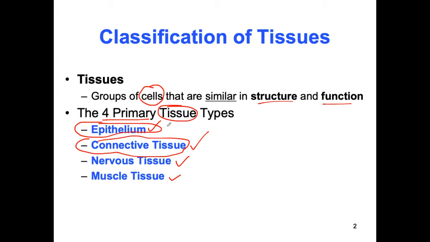Of the four, these two tend to be a little bit more involved, not difficult. It's just there's more layers to it. And neural and muscle is a lot easier to learn and understand. But let's see if I could just lay down a little basic concept differentiating epithelial from connective tissue.